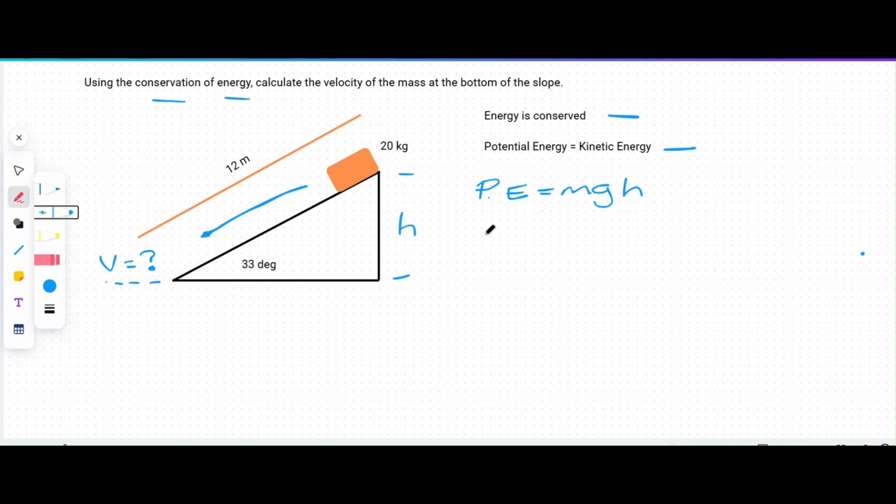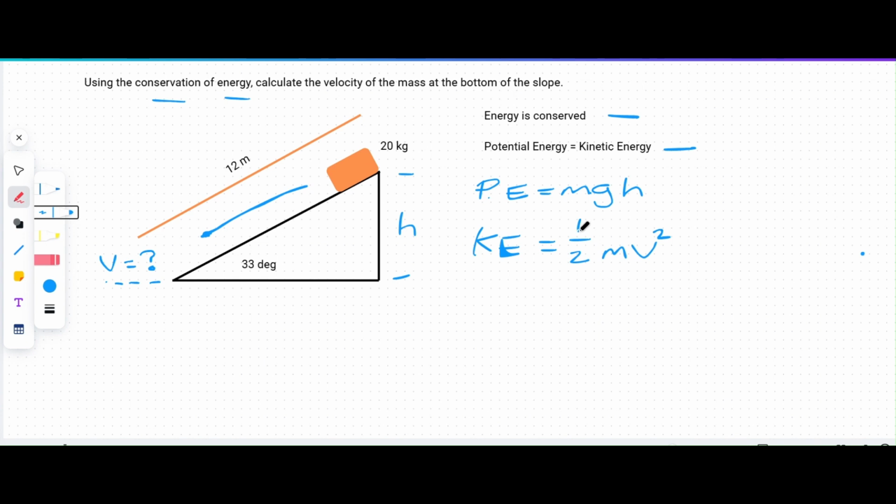And then as it comes down the slope, it'll change from potential to kinetic. And the formula for kinetic energy is a half mass velocity squared. So in the conservation of energy, we're just conserving, is that a word?